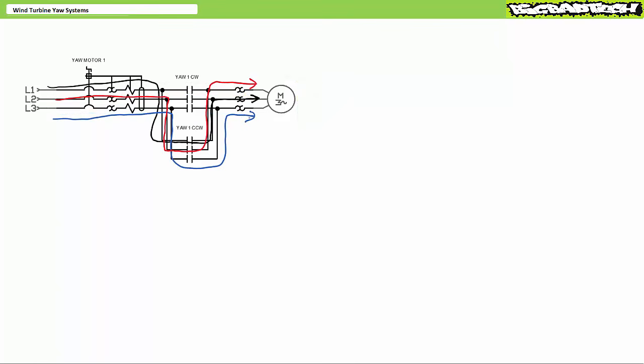Whereas when the counterclockwise contactor closes, it applies phase sequence L2, L1, L3 to the squirrel cage induction motor such that it turns counterclockwise. This is obviously a paired reversing contactor arrangement, and most likely the system includes mechanical and electrical interlocks to prevent simultaneous closure of both the clockwise and counterclockwise contactors.